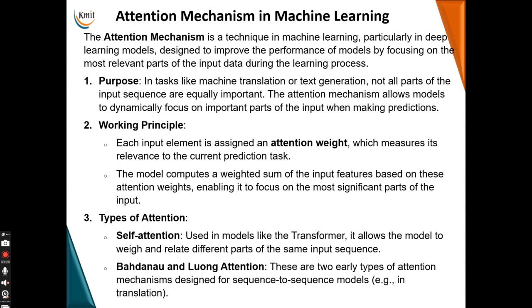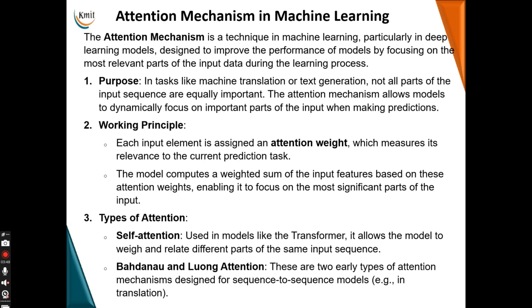So whenever we are trying to work with attention mechanism, what is the working principle? How does it work? Whenever we are trying to do any kind of training for a model, we try to take the data set, attach a weight to every input parameter that is given in the data set, or we also call that weight as attention weight.